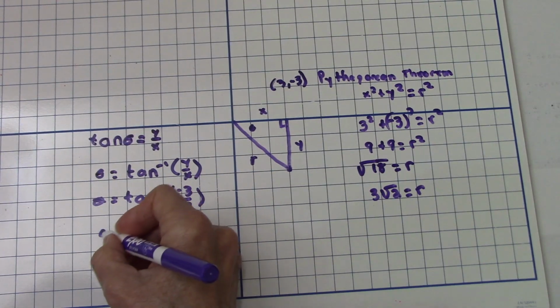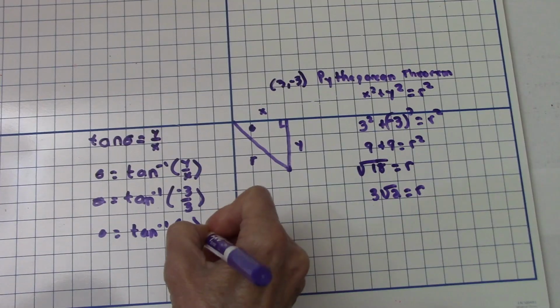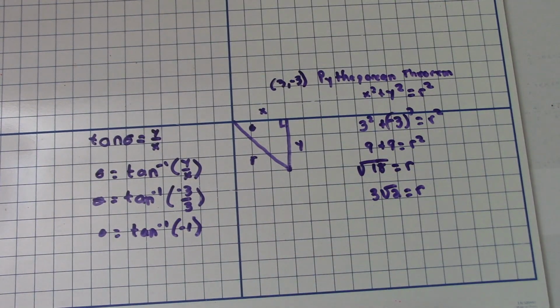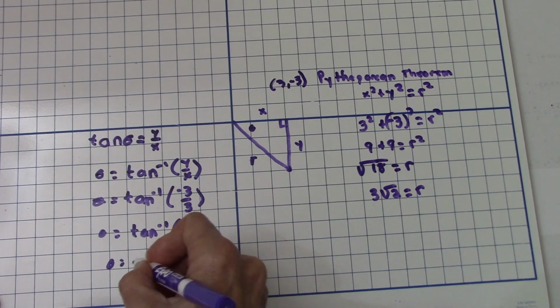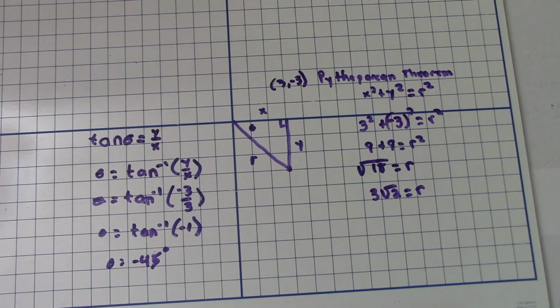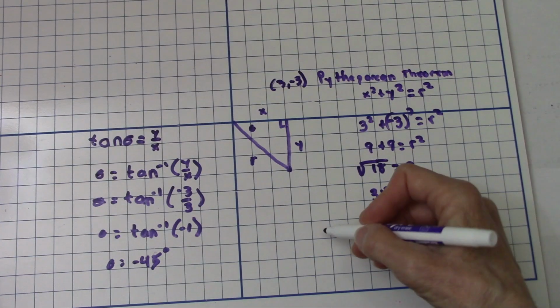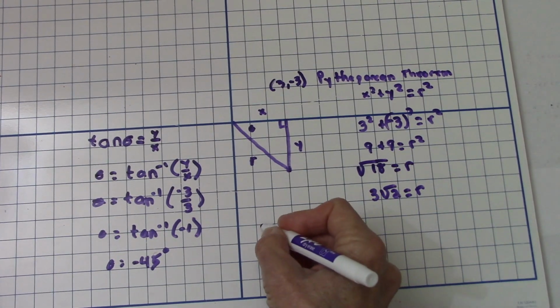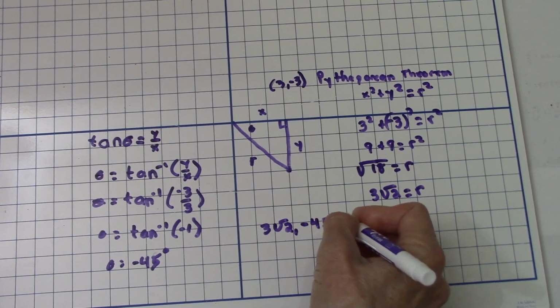Theta equals the inverse tangent of -1. So since it's in the fourth quadrant, I'm going to say that theta equals -45 degrees, because that's where the inverse tangent is a function. So then my polar coordinates are going to be the point (3√2, -45 degrees).